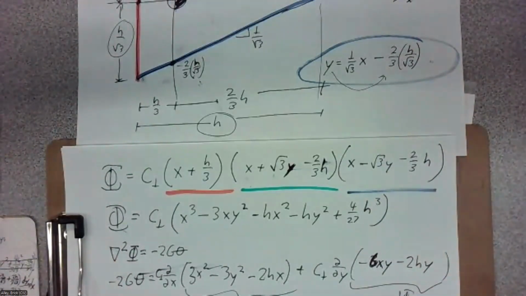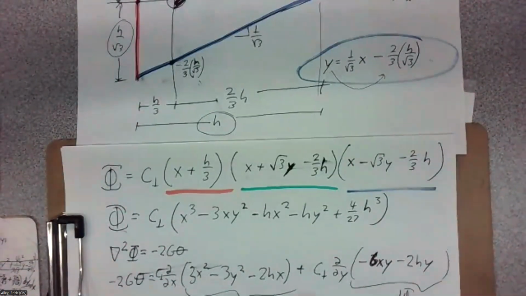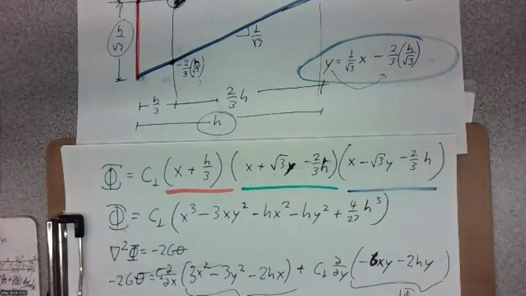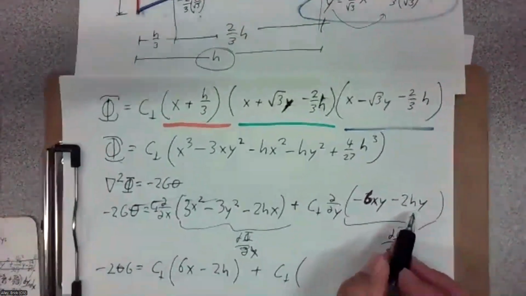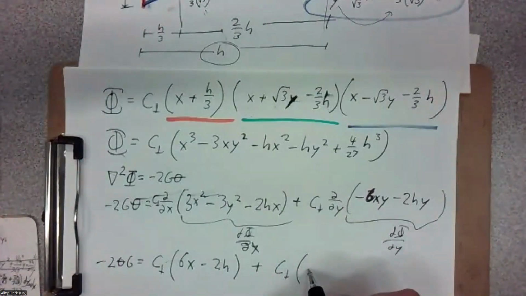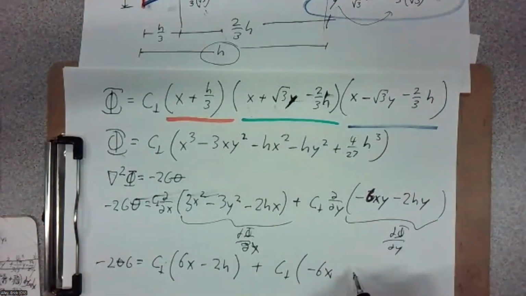And then we'll take the second derivative through here. We got C1. One more x derivative here. That's going to bring me to 6x. That one's going to go away. And I got minus 2h here. And then over here, I take another y derivative. I got minus 6x and I've got minus 2h.